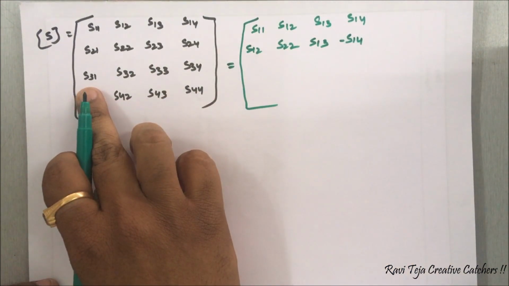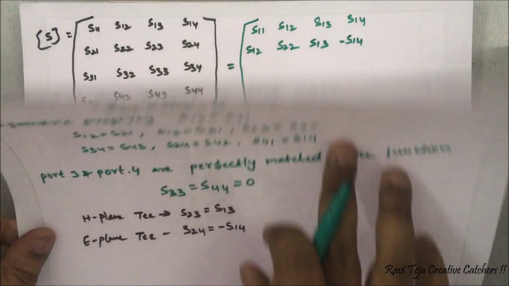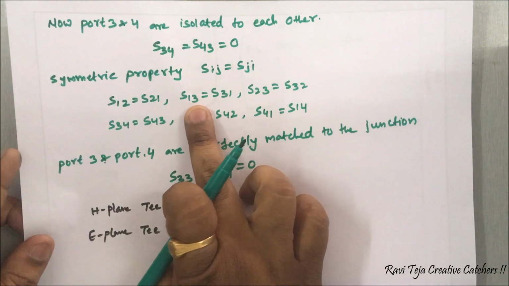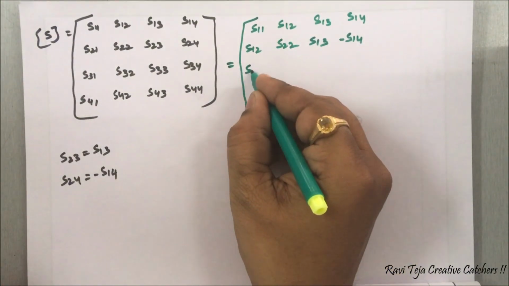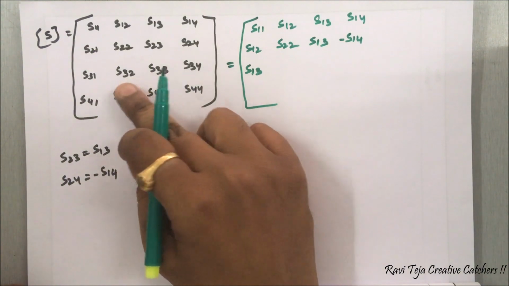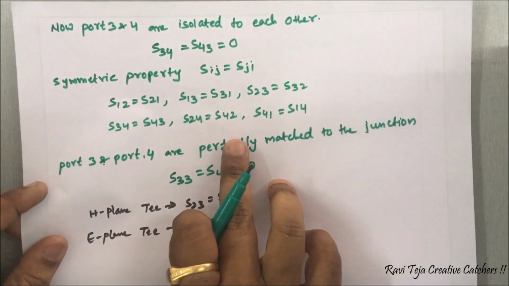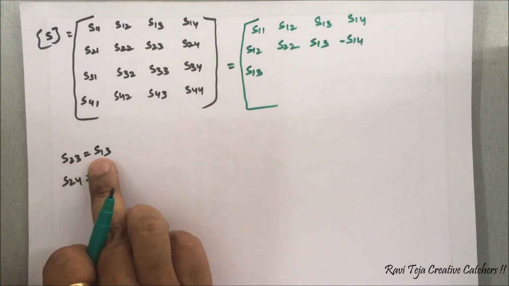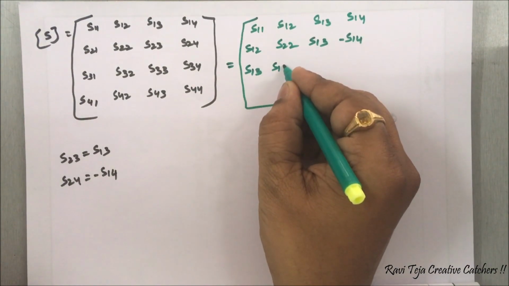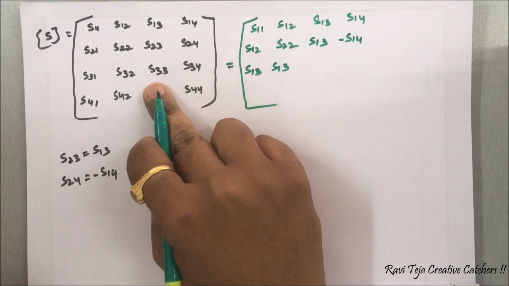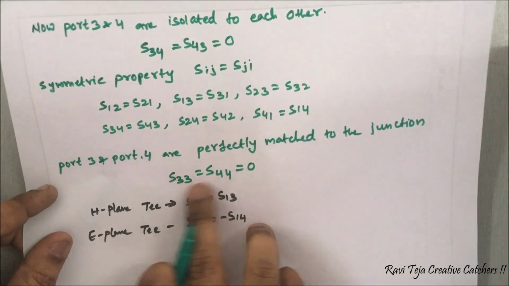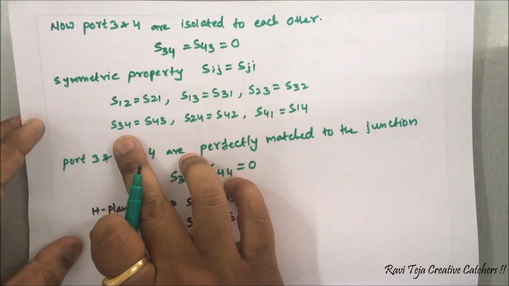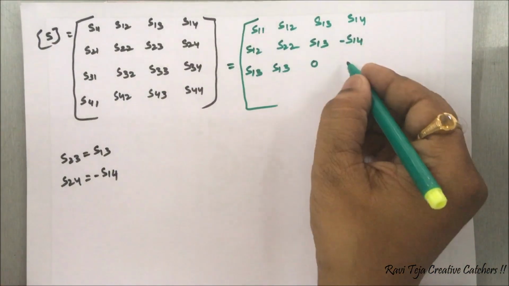Now S31 is S13, so write S13, and S32 is S23, and S23 is S13, so write S13. Our S33 is 0, so write 0, and S34 is 0, so write 0.